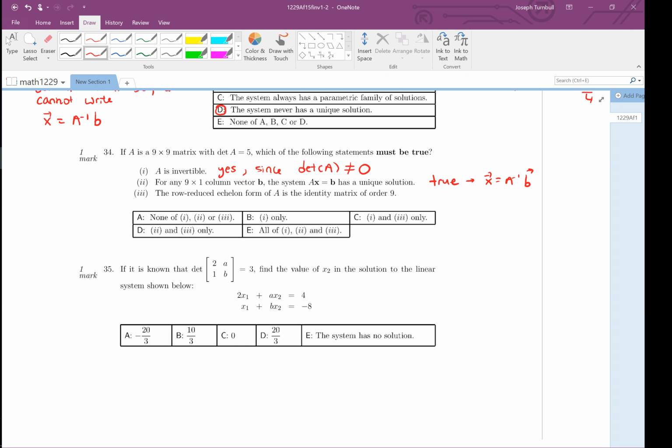Then for 3, the row reduced echelon form of A is the identity matrix of order 9. Also true, since A inverse exists. And again, the connection is we can create the inverse another way. We could start with A bar identity and row reduce it until it's identity bar A inverse.